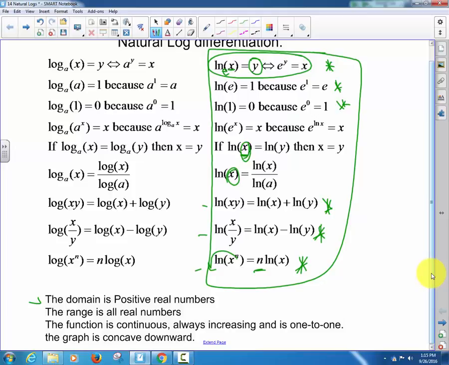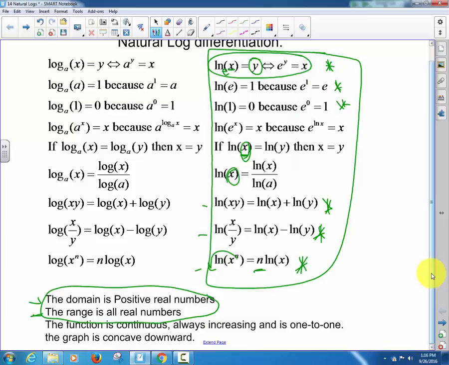The range is all real numbers. The function is continuous and the other things we'll talk about later on. But those are the two things you should know right now or be committing to memory. Domain is all positive reals. Range is all reals.